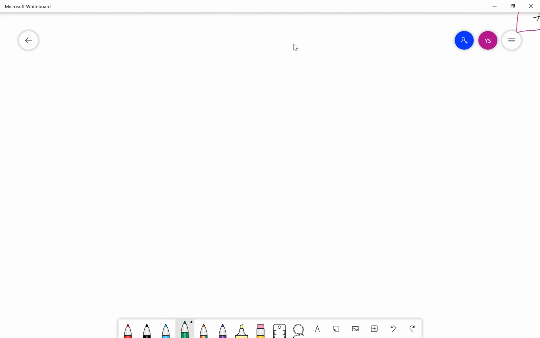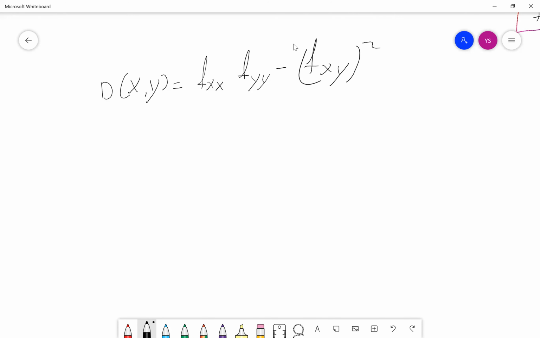We have a quiz on Friday, and this is what it's going to be on. It's going to be about the stuff that we did yesterday. So local minimums and maximums, saddle points, the equation D, right? So you have to know how to use the equation D, which is fxx times fyy minus fxy squared.